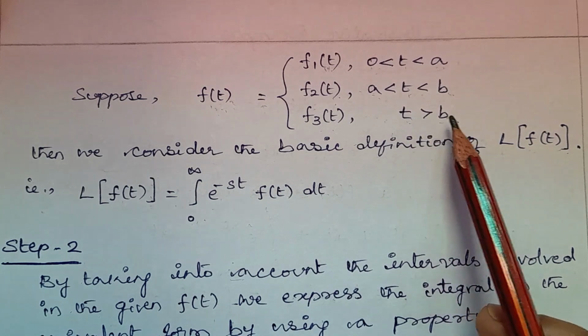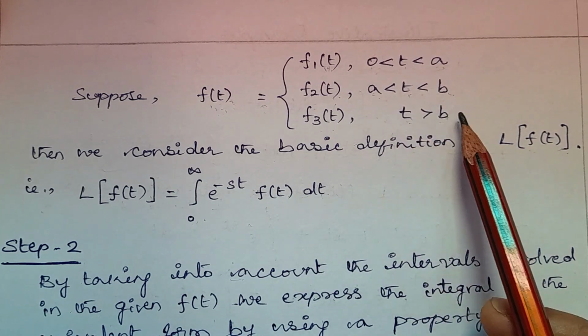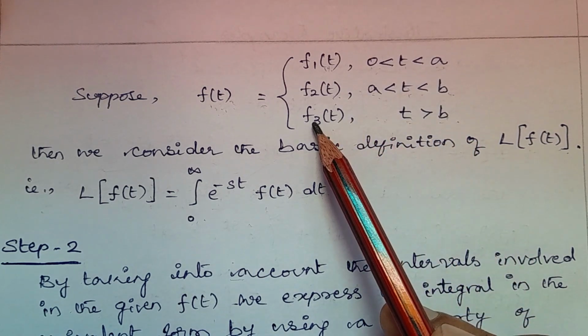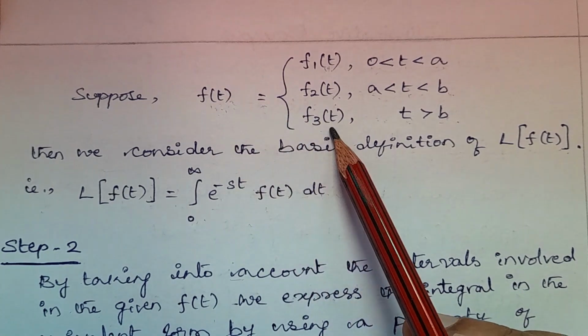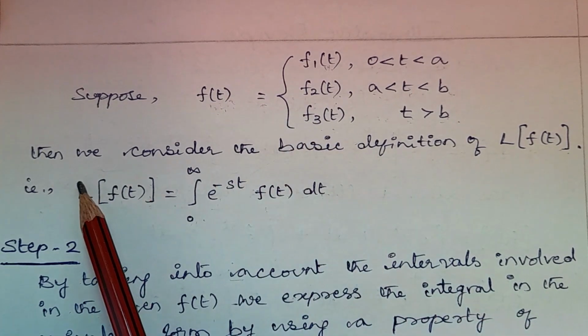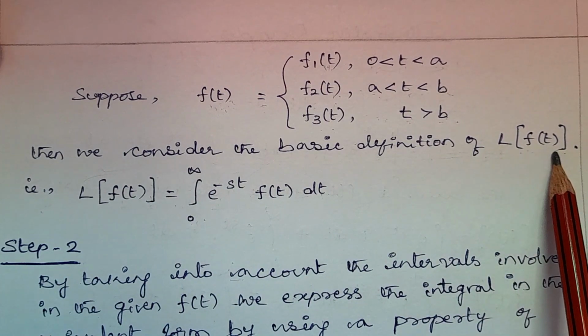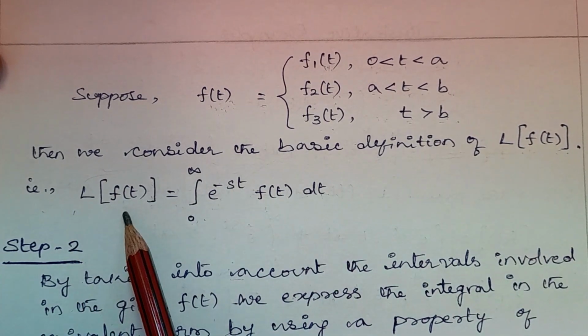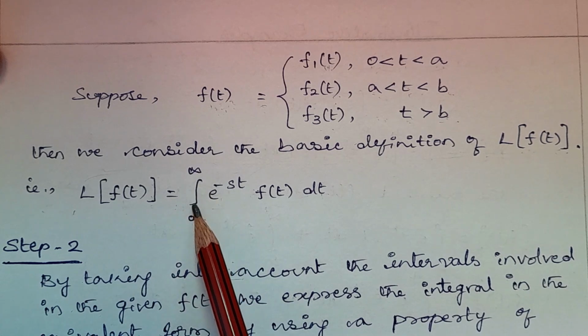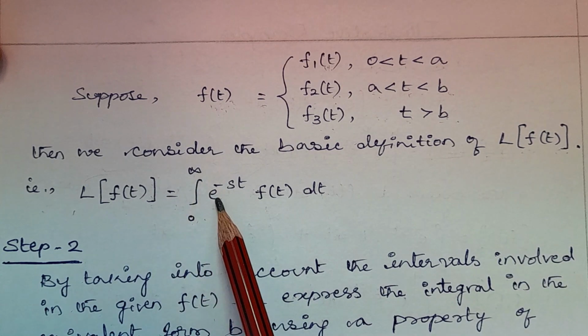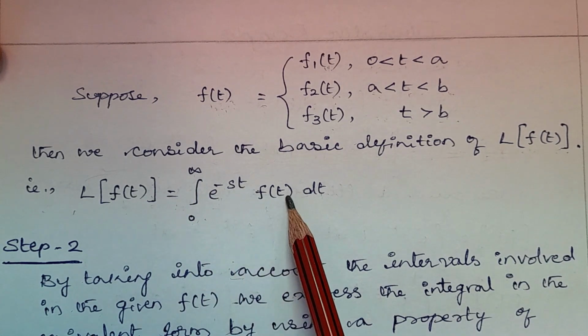When t is greater than b, otherwise b to infinity, f of t will be f3 of t. Then we consider the basic definition of Laplace transform of f of t, that is Laplace transform of f of t equal to integral from 0 to infinity of e power of minus st f of t dt.